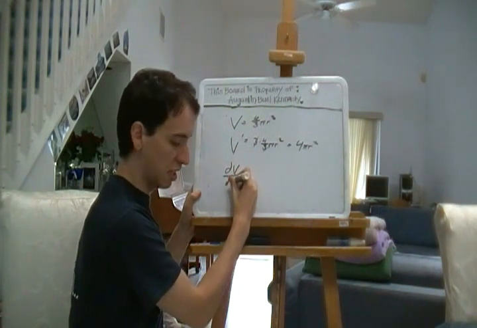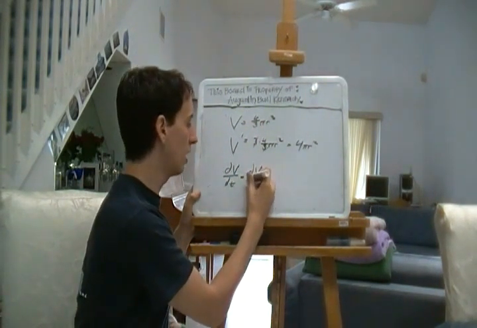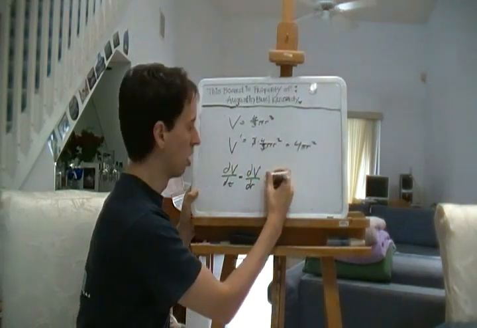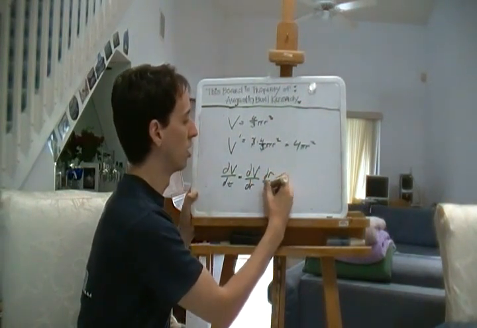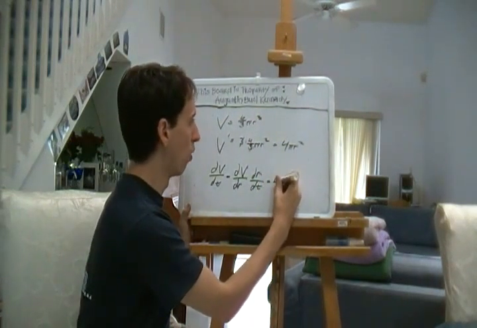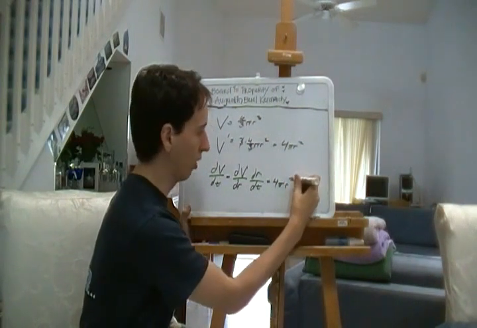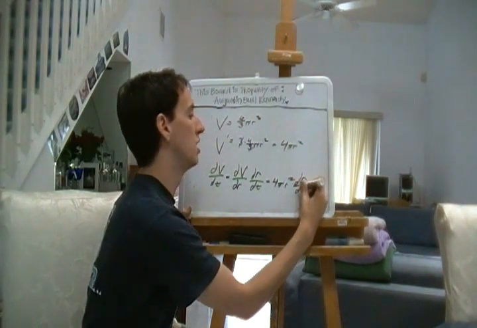Now, check this out. dV/dt, therefore, equals dV/dr times dr/dt, which equals 4 pi r squared dr/dt.